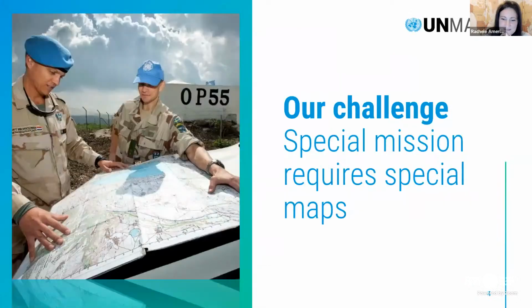Our challenge, then, is to have maps. And you will say, okay, but we have, for example, Google Maps, and on Google Maps, we have everything. Why do we need other information? And this is because we need special maps.